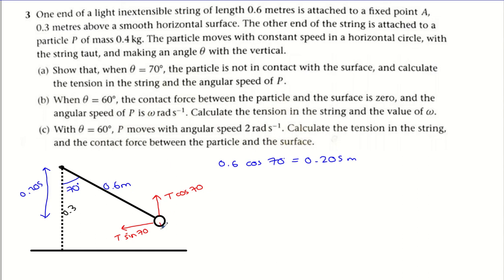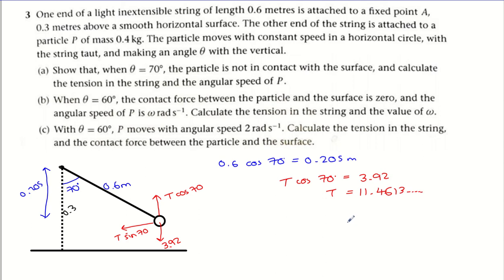So this time you can work out the weight. So mg is 3.92. So resolving vertically, t cos 70 is equal to 3.92, and from that you can find t. So t comes out as, accurately, 11.4613 and so on. Okay, 11.5 to 3 significant figures.